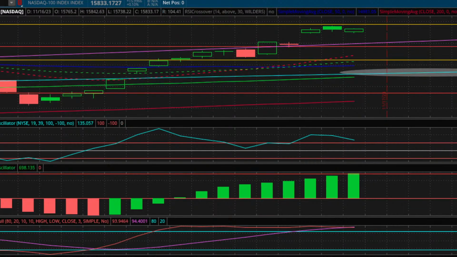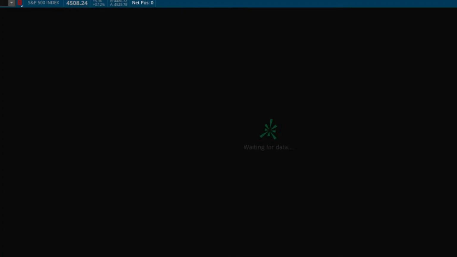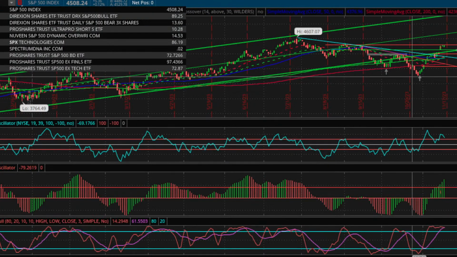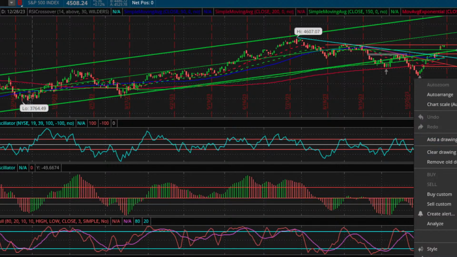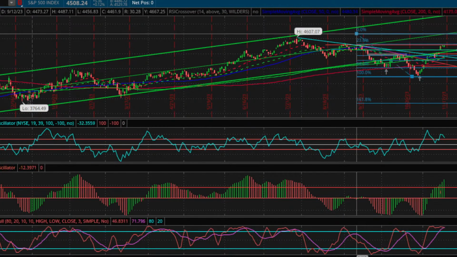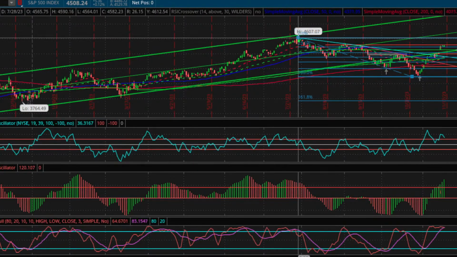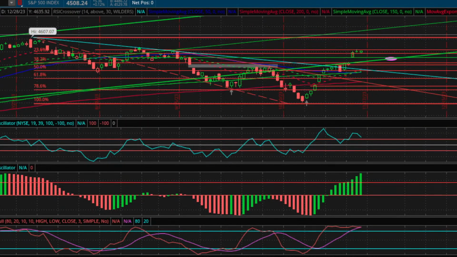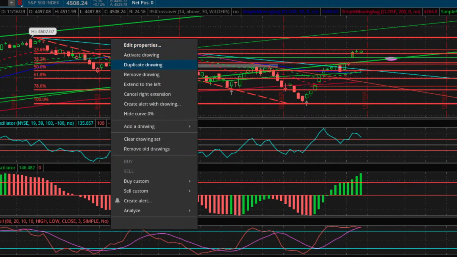I'm going to now put here the SPX, and I want to show you where we are exactly. So the SPX, if I grab this being the bottom, and I'm going to do a Fibonacci retracement, and I'm going to grab this as being the top, and I put it right there. I'm going to go ahead and reverse it.